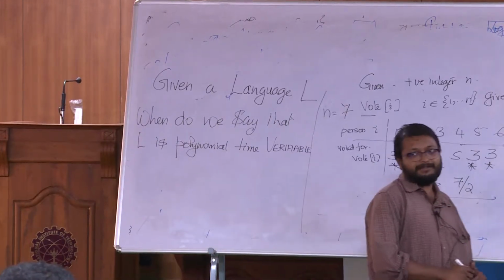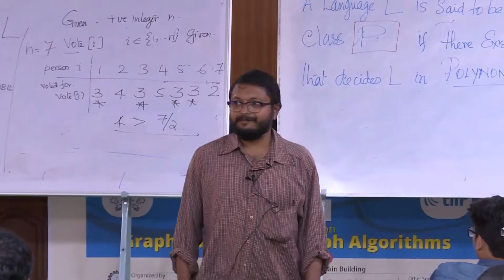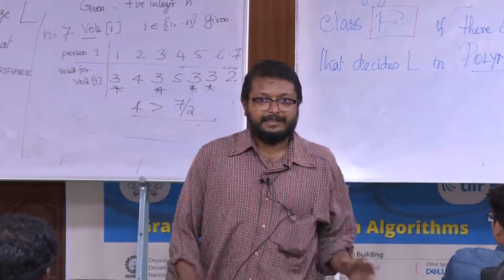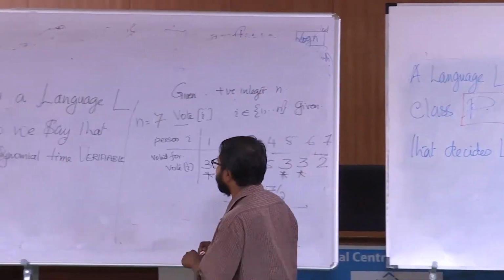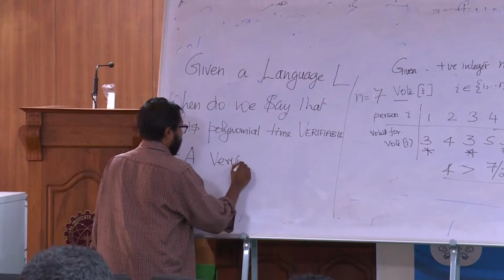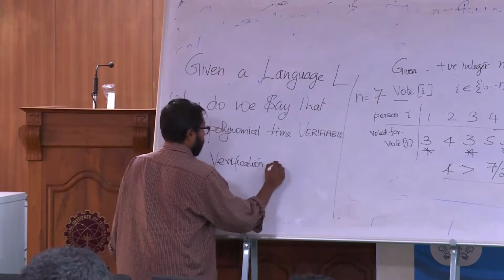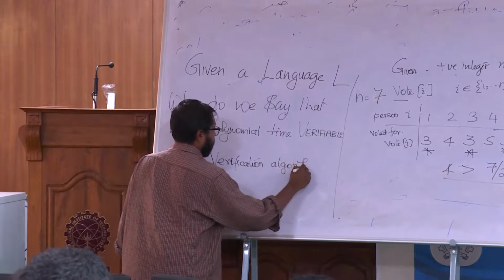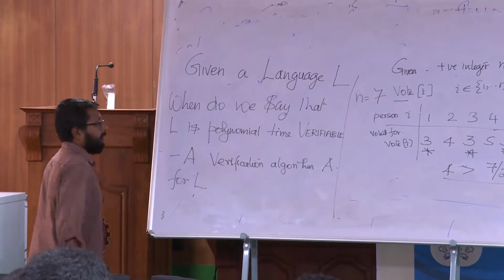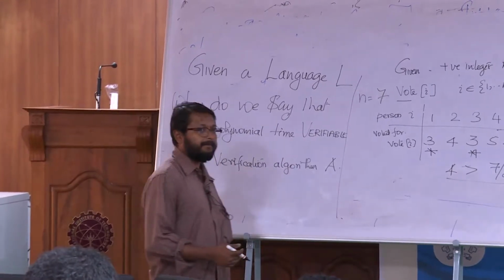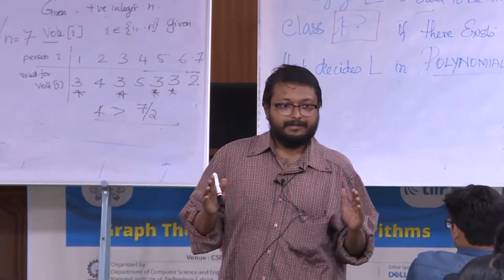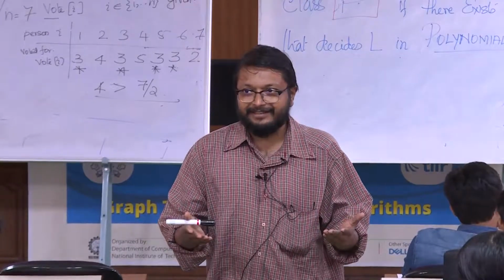What should be a reasonable definition for this? See, on input, a verification algorithm A for L must have what all inputs? Must take at input what? See, the input has to be given, right?